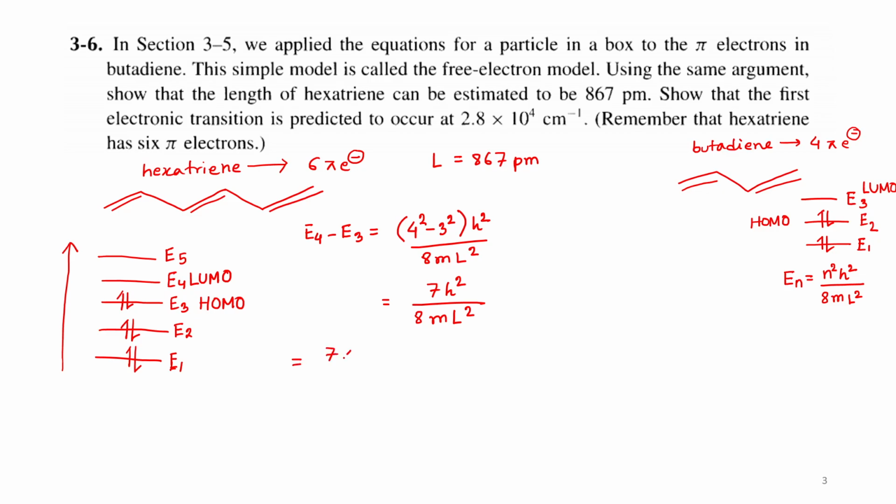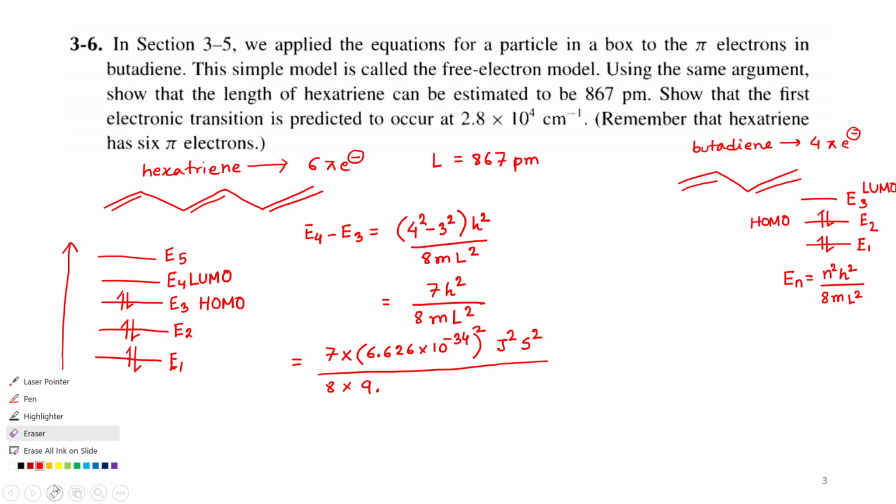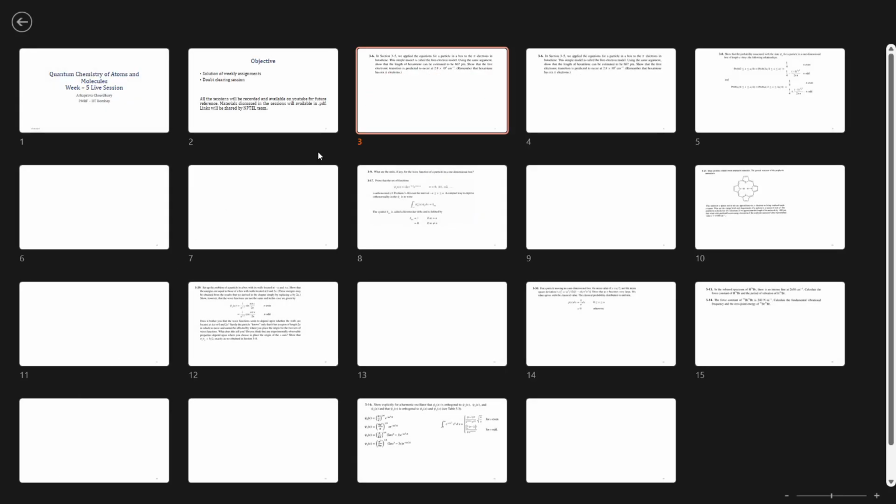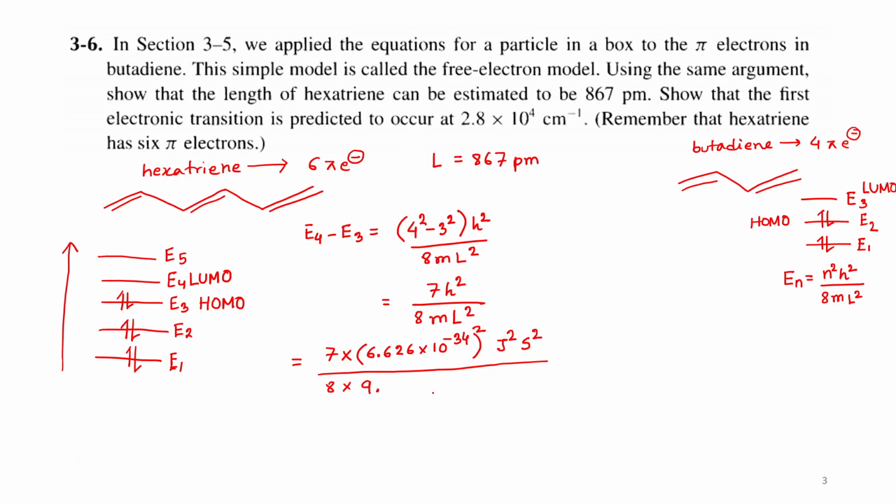and we can put the values. 6.626 times 10 to the power minus 34, squared, joule squared second squared, divided by 8 times 9.11, sorry, 9.11 times 10 to the power minus 31 kilograms, and L squared, with L in picometers.